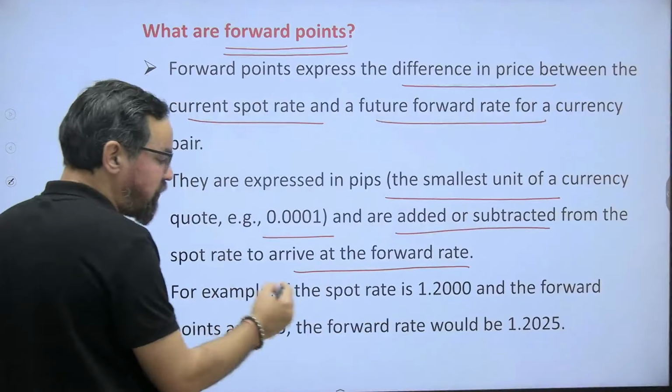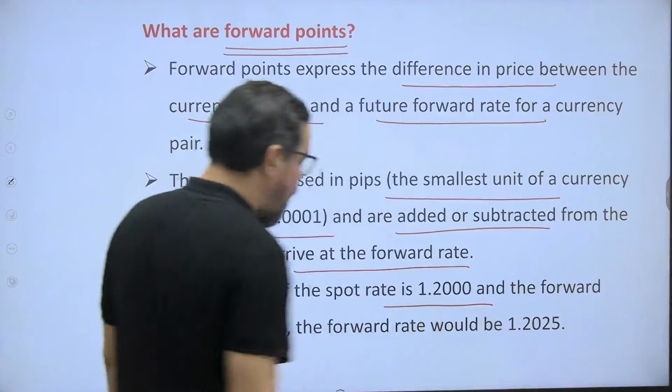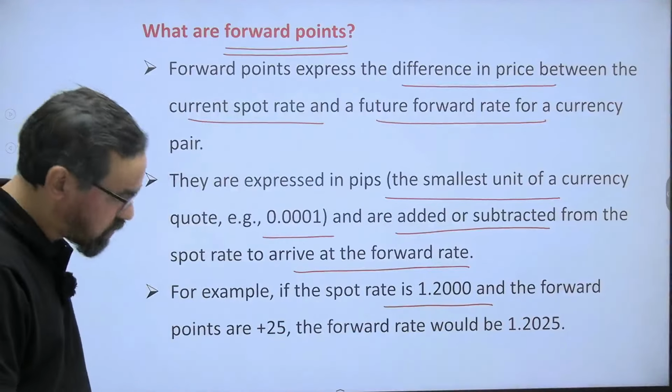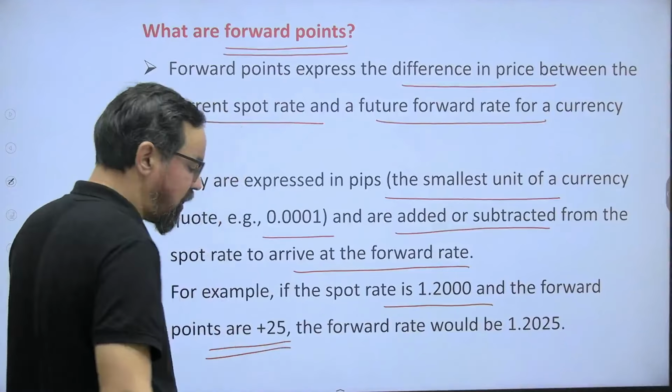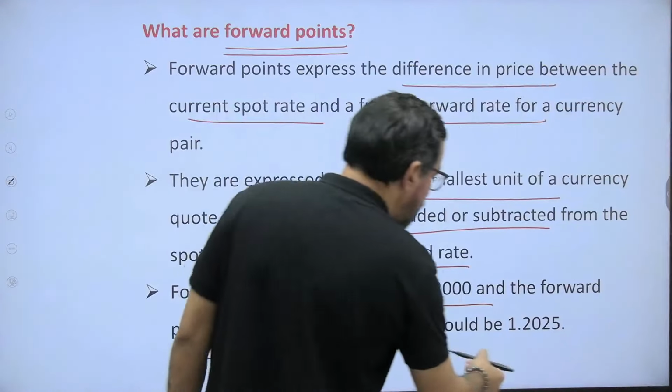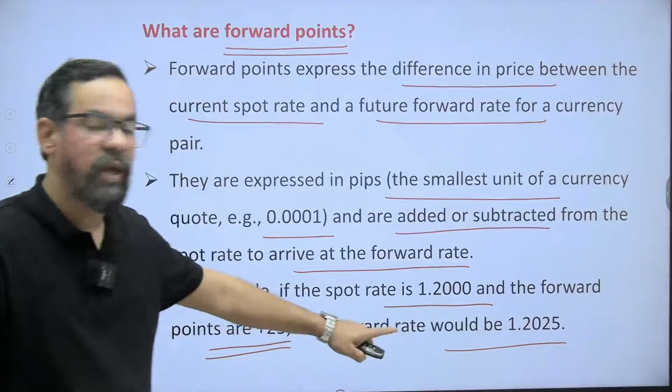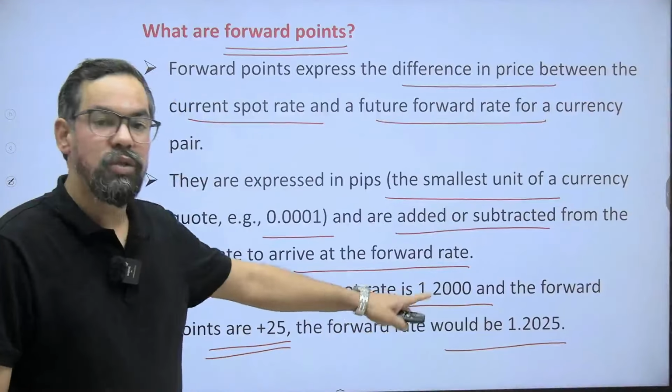For example, if the spot rate is 1.200 and the forward point is 25 paisa, the forward rate would be, you have to add this, so it will be 1.2025.